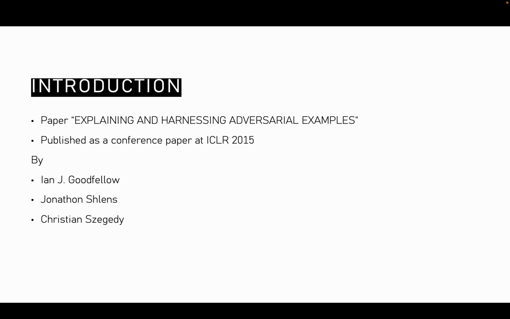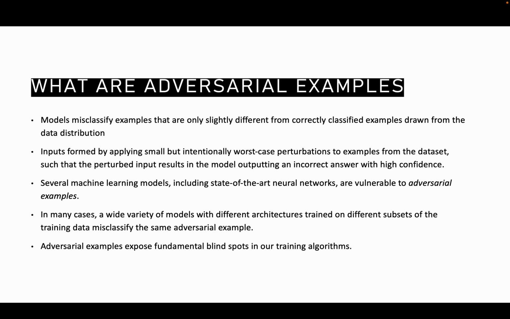It was published as a conference paper at ICLR 2015 by Ian Goodfellow, Jonathon, and Christian. This explores the phenomenon of adversarial examples, where a small perturbation to an input can change the model's output.